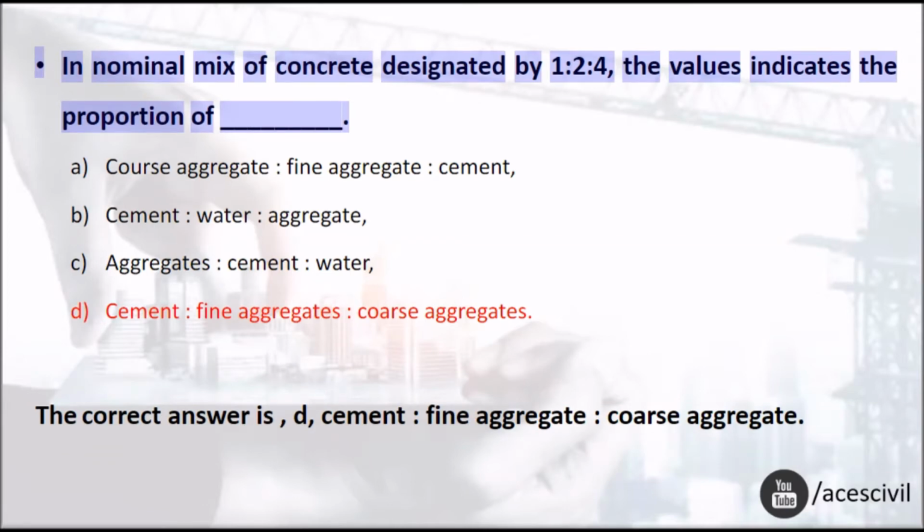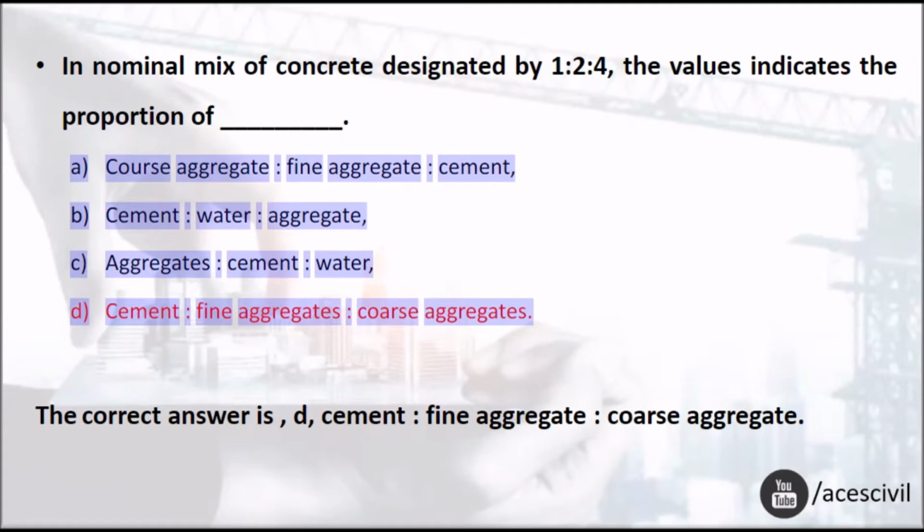In nominal mix of concrete designated by 1:2:4, the values indicate the proportion of A. Coarse aggregate, fine aggregate, cement, B. Cement, water, aggregate, C. Aggregates, cement, water, D. Cement, fine aggregates, coarse aggregates.